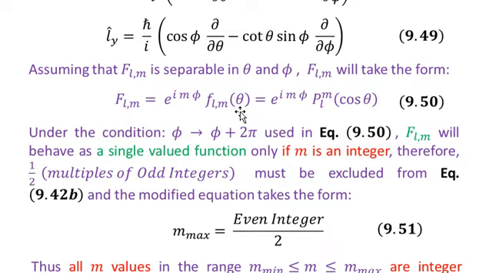This small f theta dependent part can be represented as a Legendre polynomial. So now you have capital F as the product of e to the power i m phi and the associated Legendre polynomial PLM as a function of cos theta.